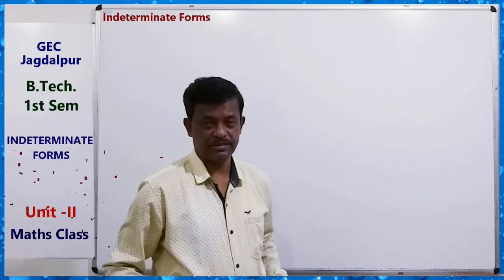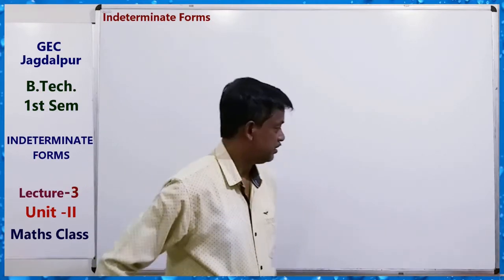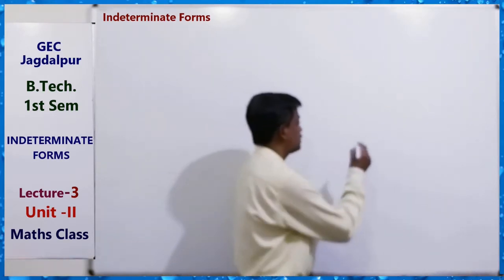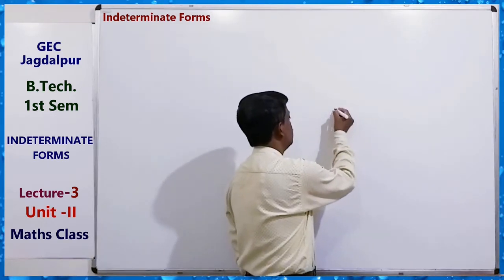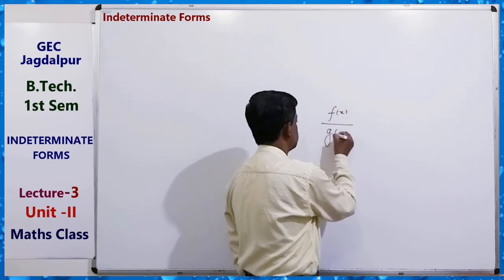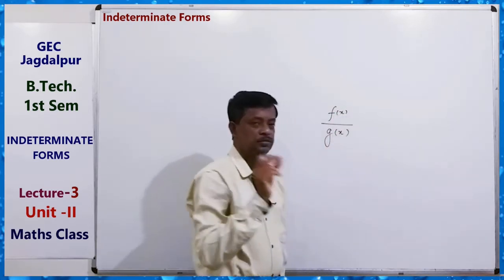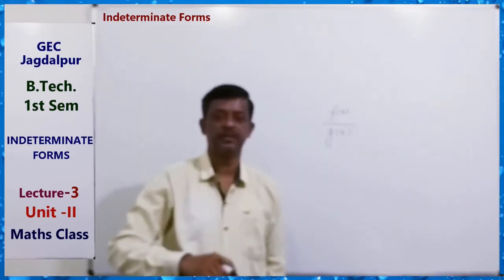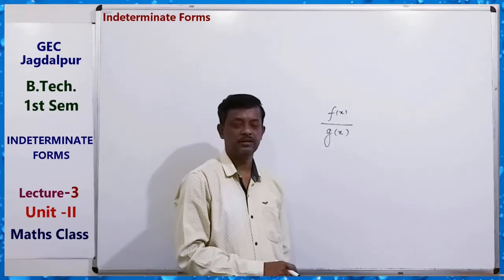Indeterminate form means, sometimes we have fractions like f(x) upon g(x), two functions, one in the numerator and another in the denominator.